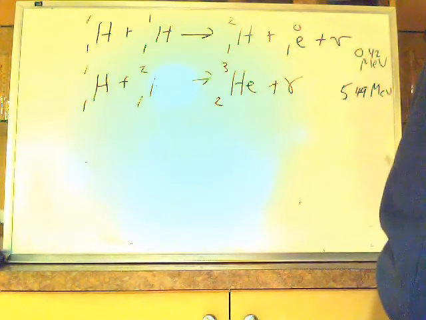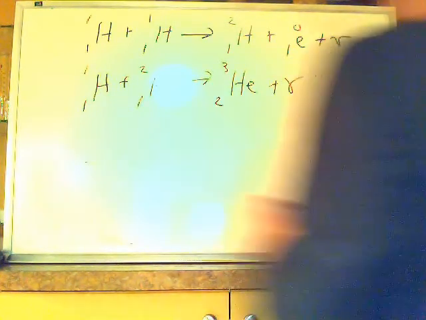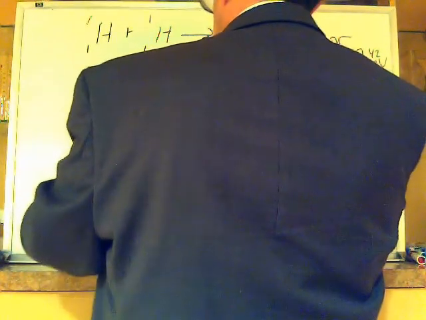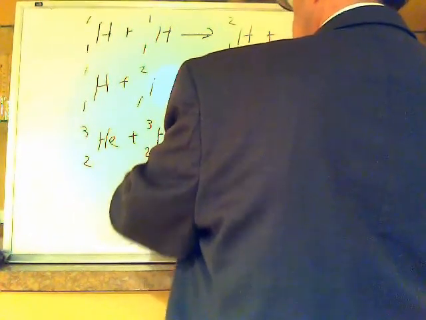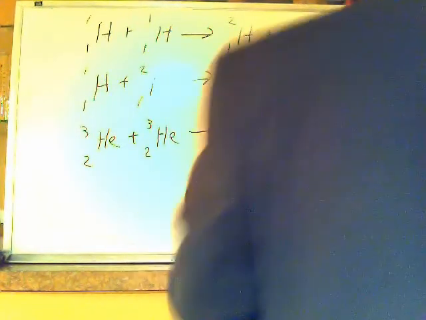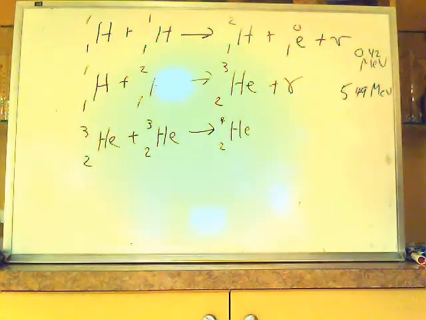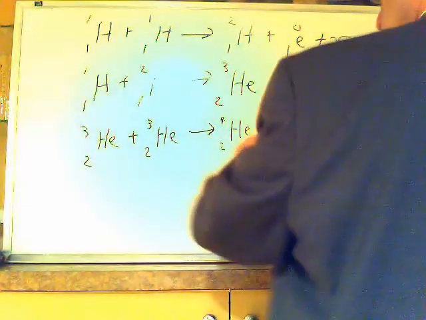And then the last of these kinds of reactions is that we can have two helium-3 nuclei actually fusing to form helium-4. So we take a helium-3 plus another helium-3, and that's going to give us helium-4, and that's going to also produce two hydrogen atoms.